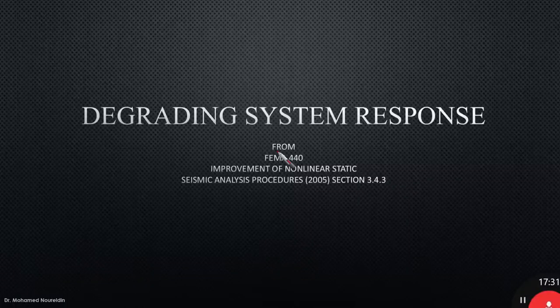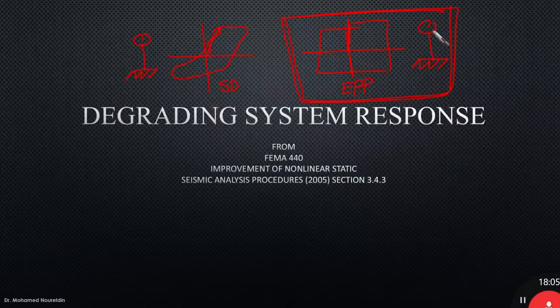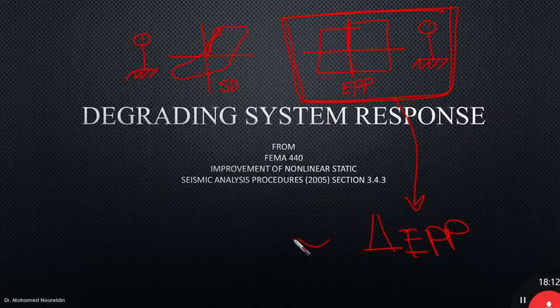The point is, if we are going to have two systems, one having stiffness degradation, let's assume it is something like this, and this is the EPP hysteretic model for a single degree of freedom system, and the other one is a stiffness degrading model, and we apply both to the same single degree of freedom system, we can generally say that the response coming from here, which I am going to call delta EPP, is on average going to be delta SD.